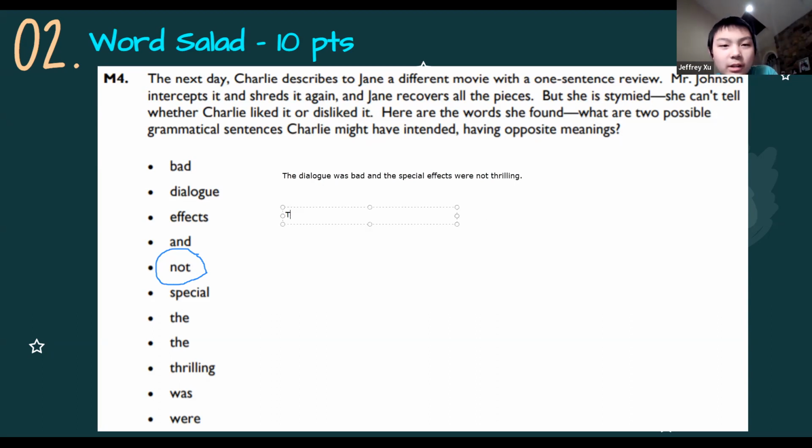So we can write "the dialogue was not bad and the special effects were thrilling." And by switching this word "not" around, both the dialogue and the special effects are described positively. So this one would imply that Charlie liked the movie. And that is all that there is to the problem.